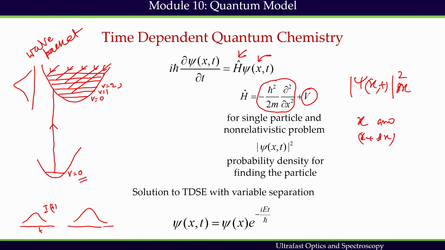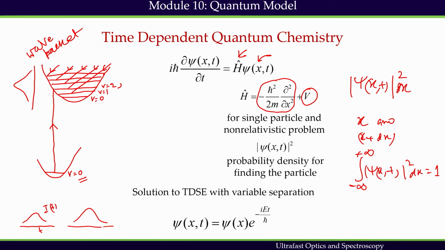And if it is normalized, then the integral of |psi(x,t)|^2 dx equals 1, from minus infinity to plus infinity over the full space. The |psi(x,t)|^2 is called the probability density for finding the particle at position x and at time t.